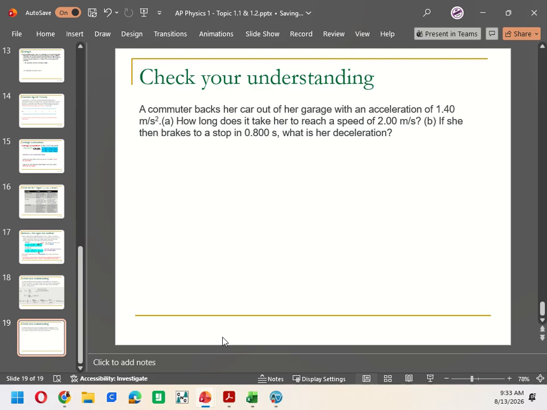The speed was 2 meters per second, so it's going to be 2 over, how long did it take? 0.8. There we go. And then plug that into our handy dandy calculator.